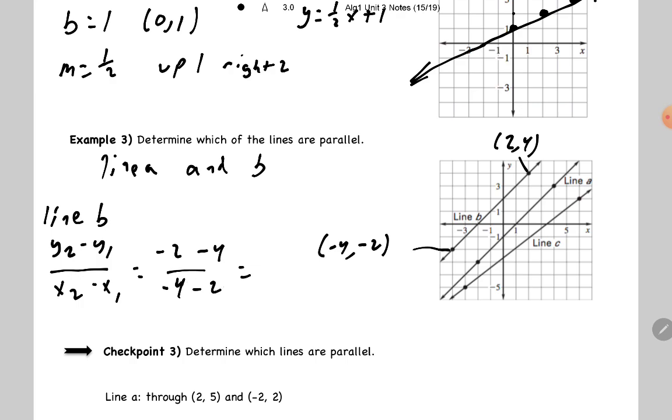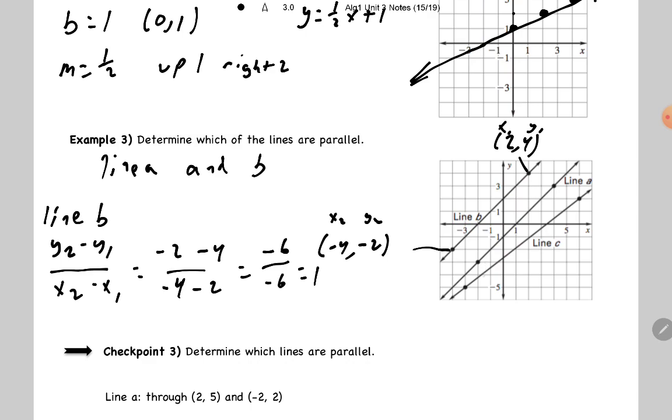So that's a little confusing, but what I did was, this was my x2, y2, and this is my x1, y1. And that'll give me negative 6 over negative 6, which is 1. Okay. It has a slope of 1.